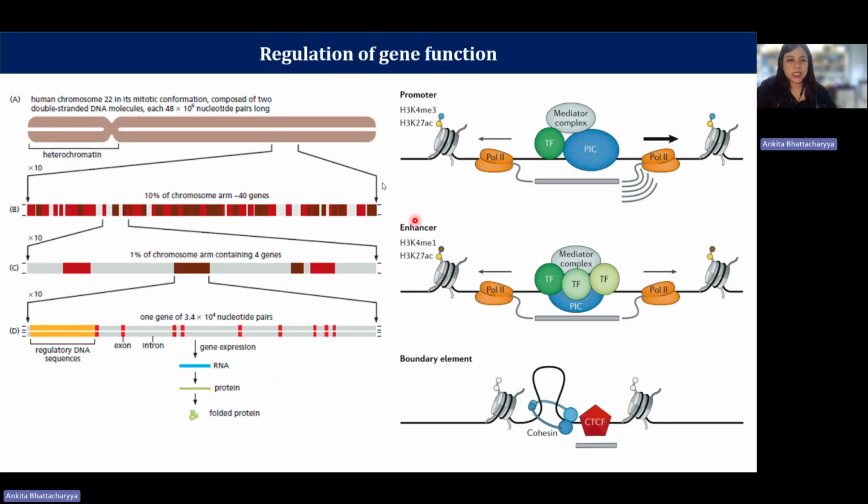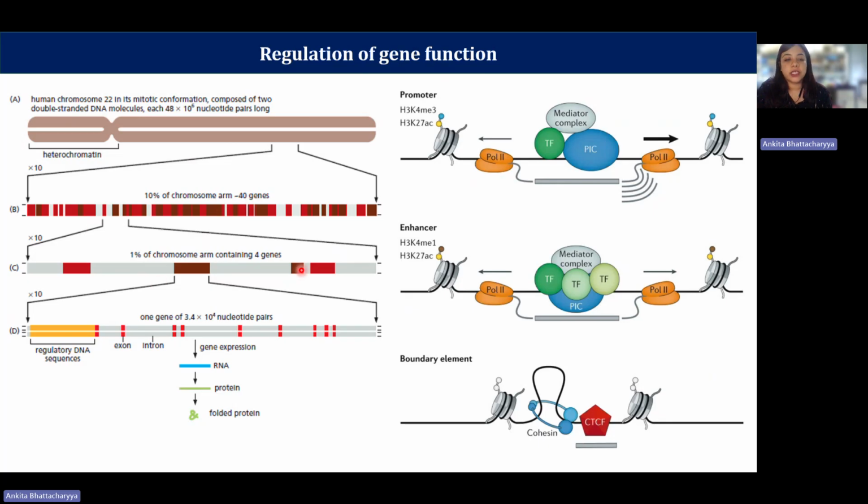Then, yeah, this is what it looks like, and how much information is condensed into the chromosome was reflected by this particular schematic, where you can see that in chromosome number 22, around 48 times 10 to the power 6 nucleotide pairs are present. And from here, if you look only at 10% of the chromosome arm, that itself has 40 genes.